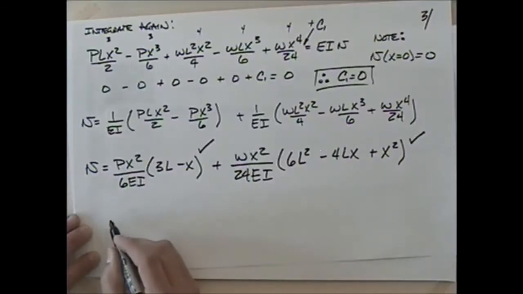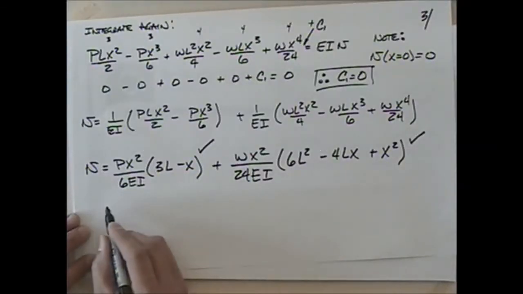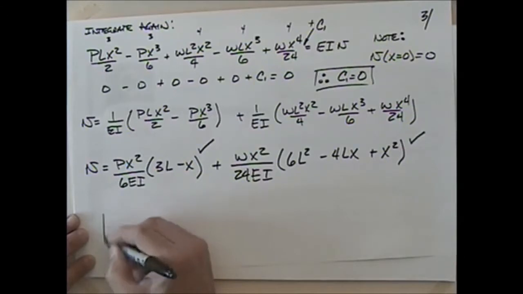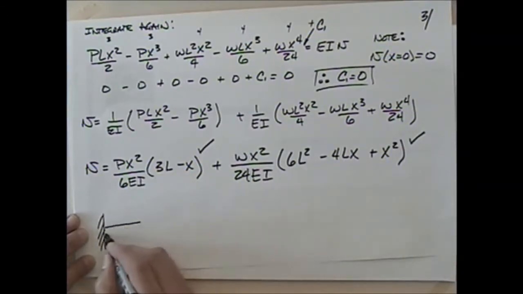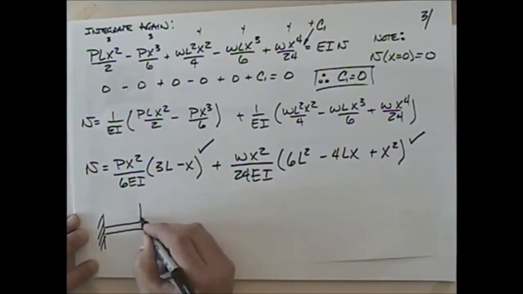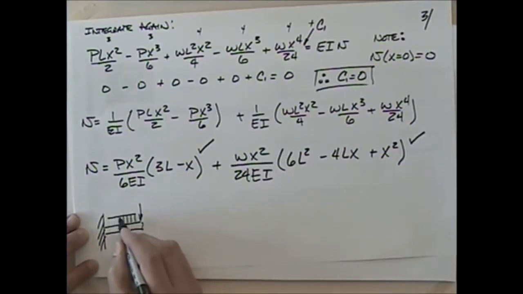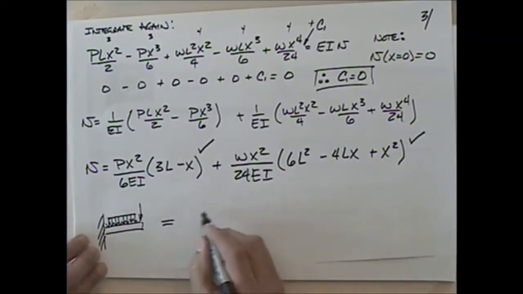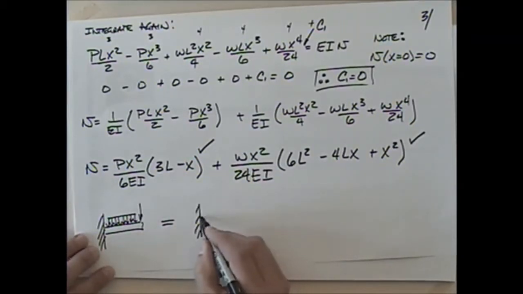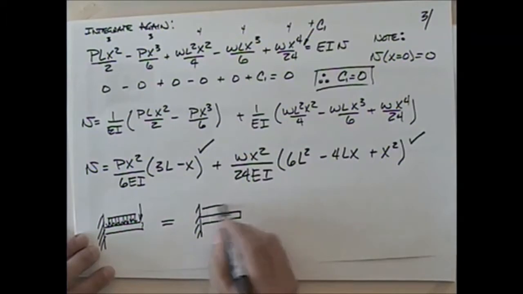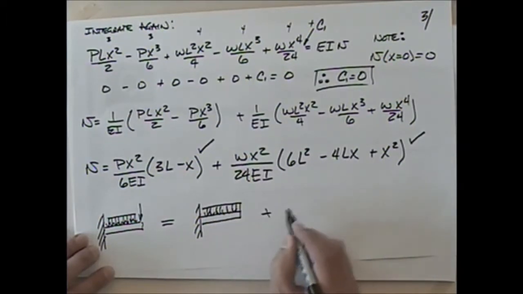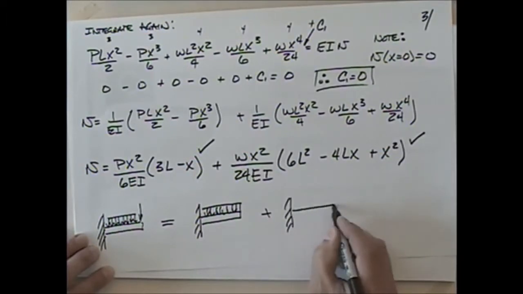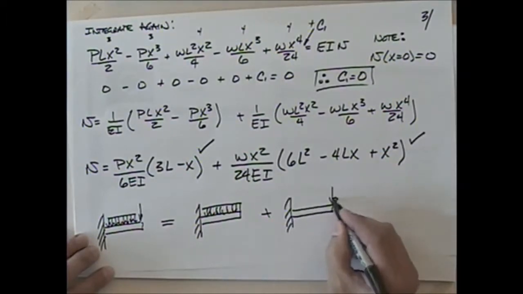But probably the most important part of this is in the future we can use superposition to say that a problem that we started with that looks like this we could say was the same as taking a problem like this and adding to it this problem there.